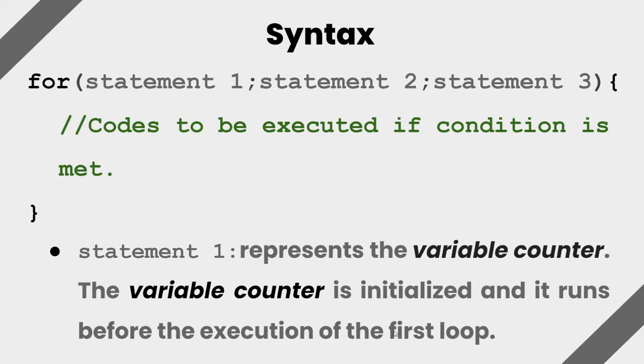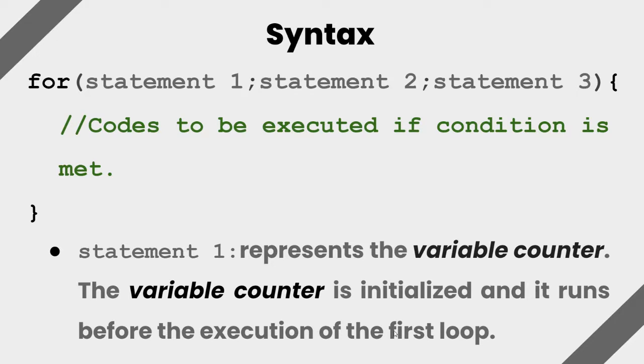So the variable counter here would count the number of times the execution of code is running. But like I said before, the variable counter is just like your normal variable, nothing really special, nothing different. The only thing here is that for the variable to be a counter, there is something that affects it, which we would also see while talking about the syntax of the for loop.